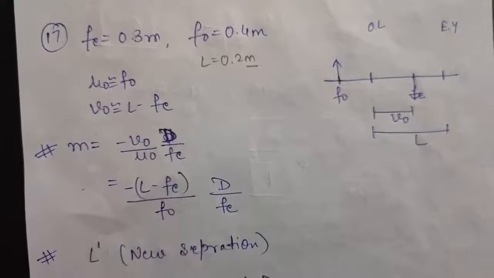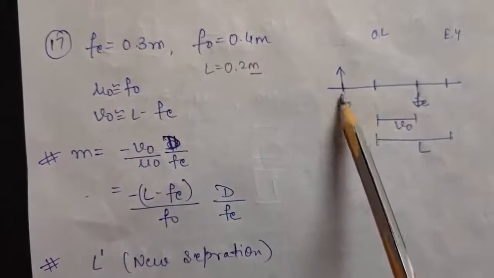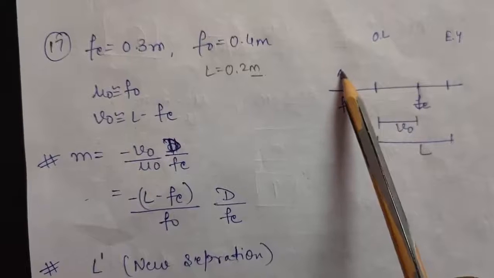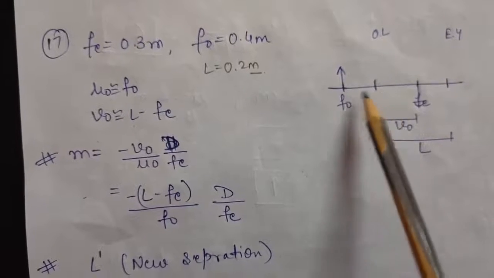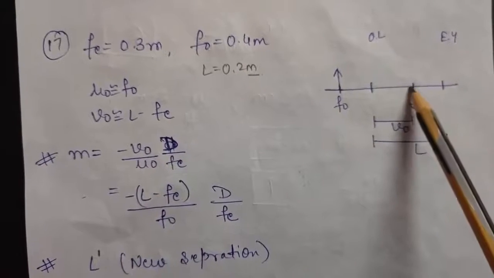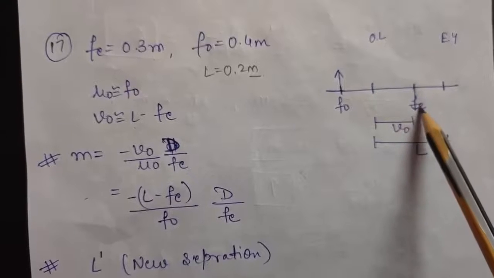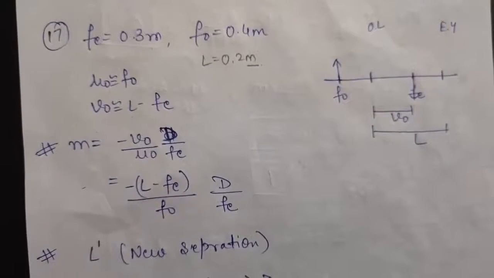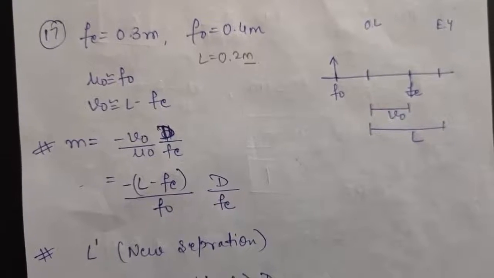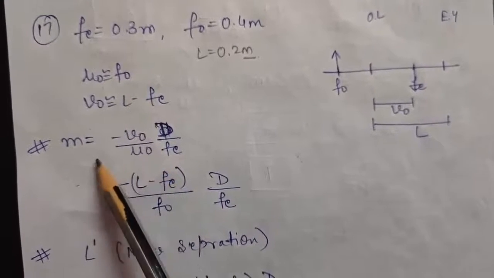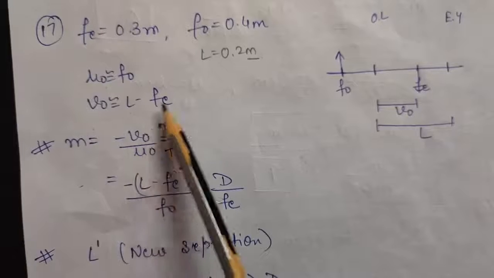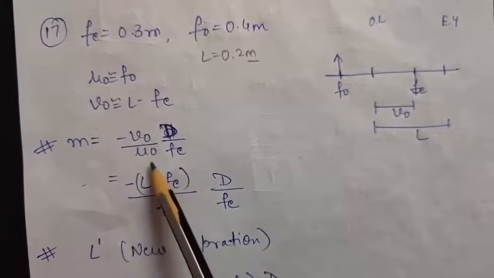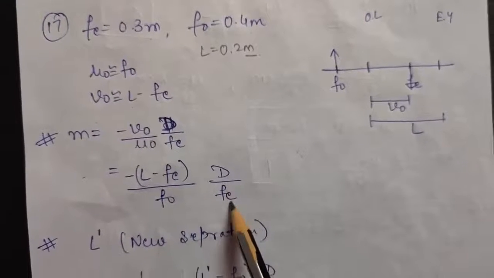Okay, so we are supposing that the object is placed at the focal length of the objective lens and image is formed at the fe. Okay, as you have did in your diagrams also when we discussed microscope. So from here m will become minus of v naught is L minus fe upon u naught is f naught into d by fe.